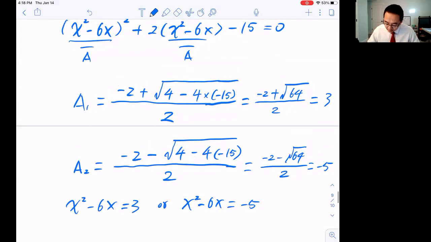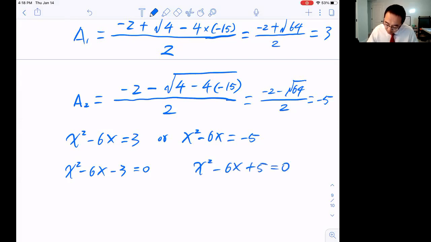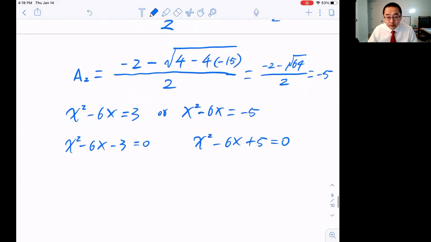Then you can solve it again using the quadratic equation. So this is x squared minus 6x minus 3 equals 0, and this is x squared minus 6x plus 5 equals 0, right? Everybody with me?